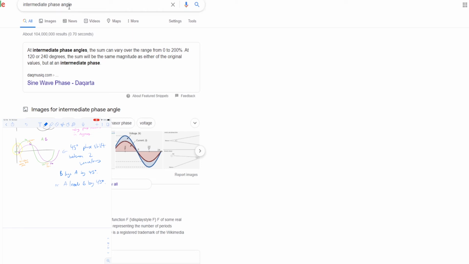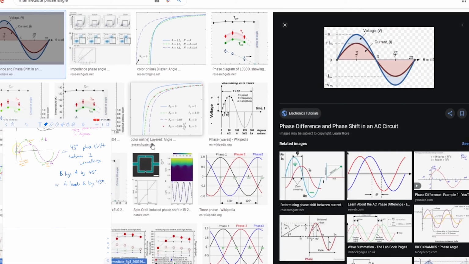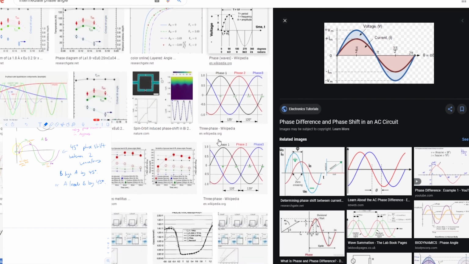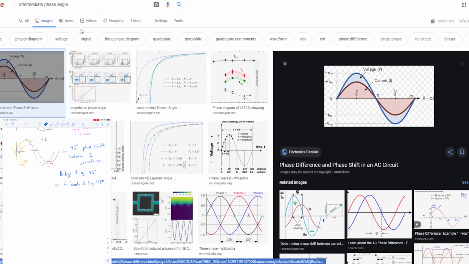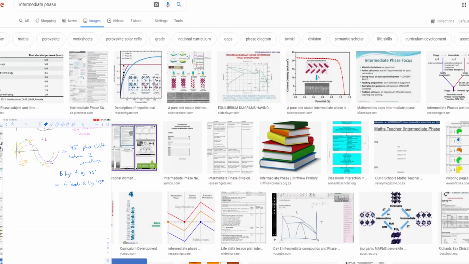Intermediate meaning just middle, like a middle phase. Is that what we're saying? Like intermediate, as in not beginner, not hard, just a middle phase. If it just means middle, I'll accept that. I'm alright with that.